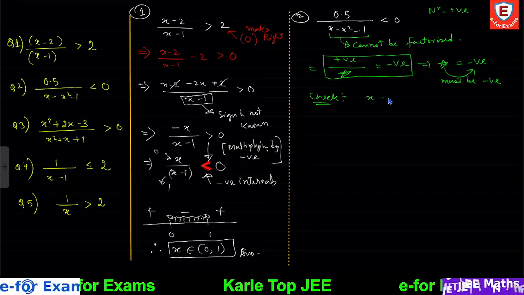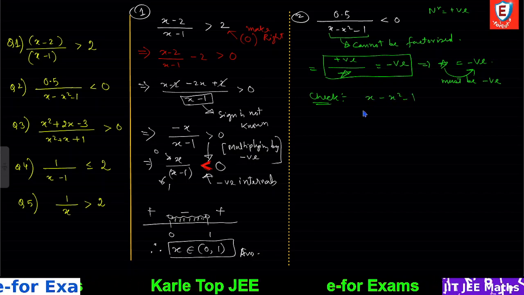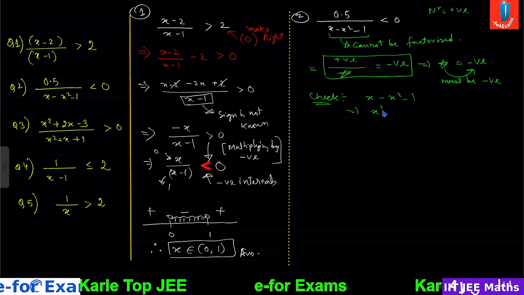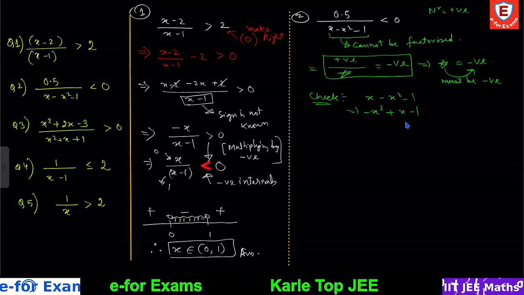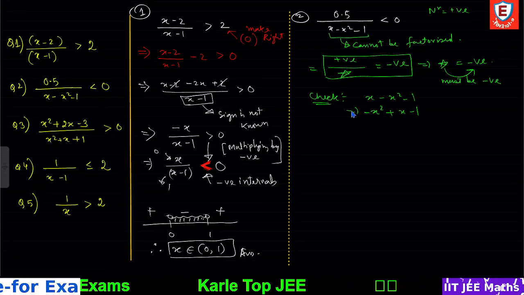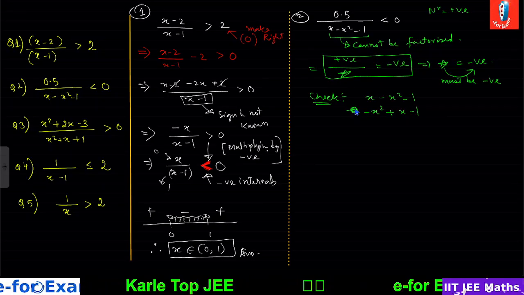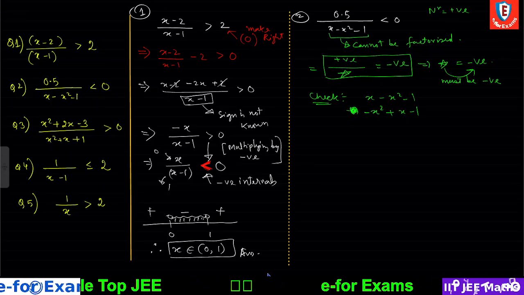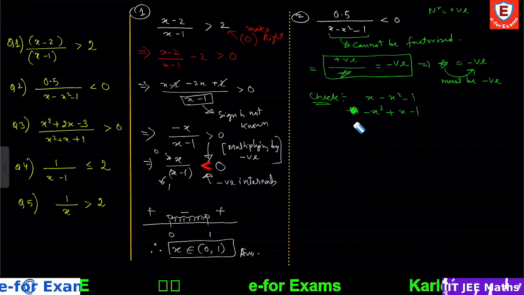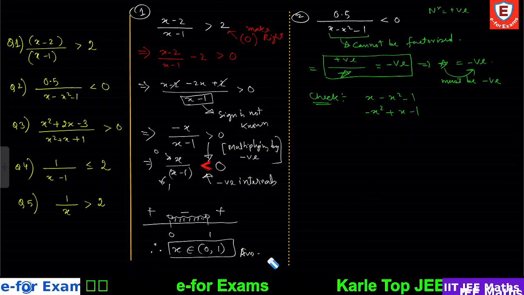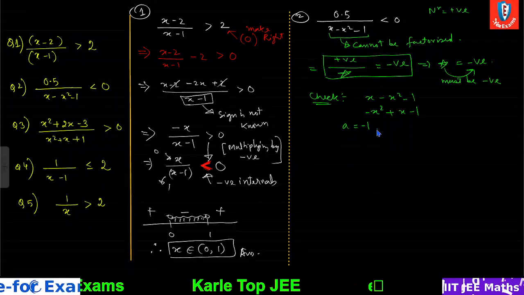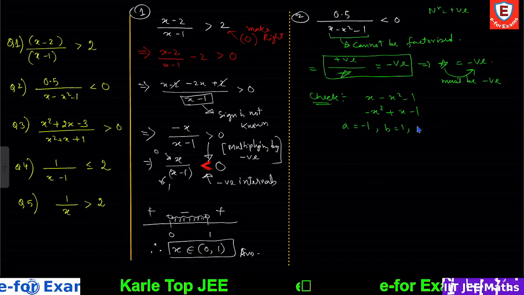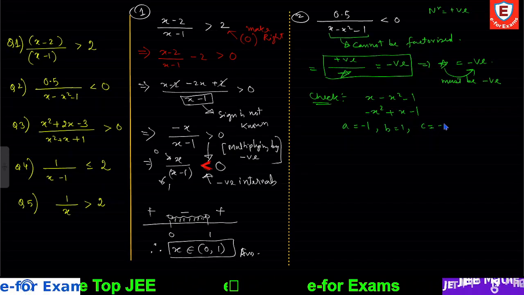The equation is x minus x square minus 1. We can rewrite it as minus x square plus x minus 1, right? Here a is minus 1, b is 1, c is minus 1.